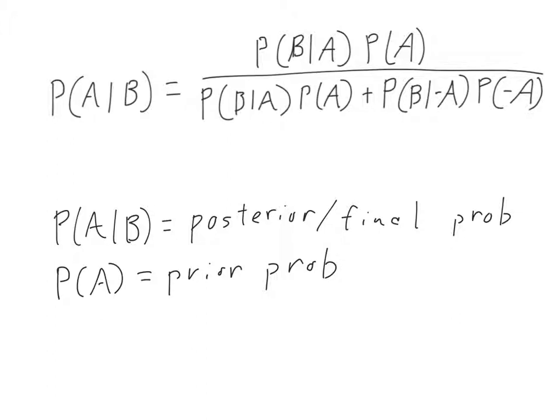Now, we also have this term that we have P with a minus sign in front of the A. P not A is what we call that. And this is basically the probability then that your hypothesis is false. Well, in this case then, from basic logic, that something is either itself or not itself, true or false, the probabilities have to add together to 100%. So if there's a 50% chance you're right, there's a 50% chance you're wrong.